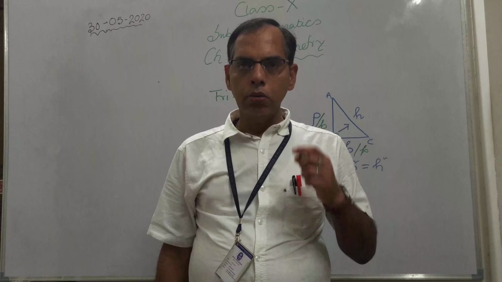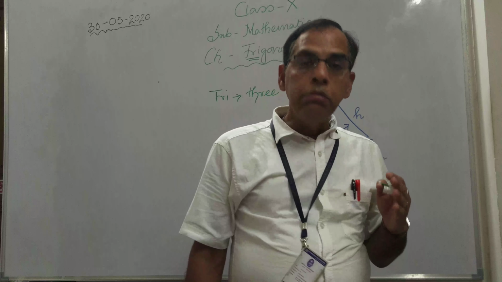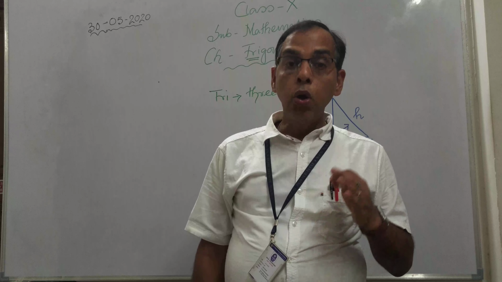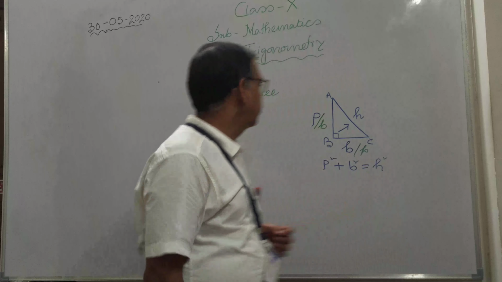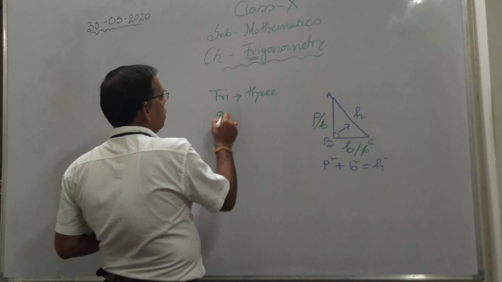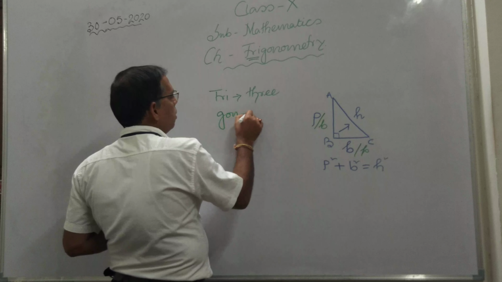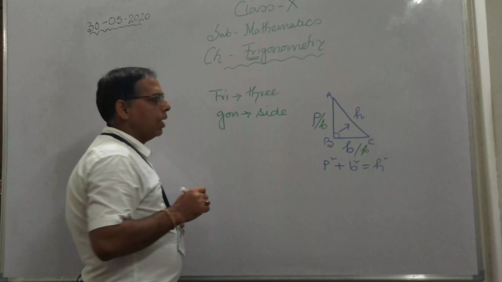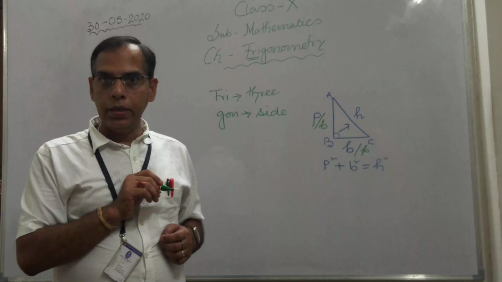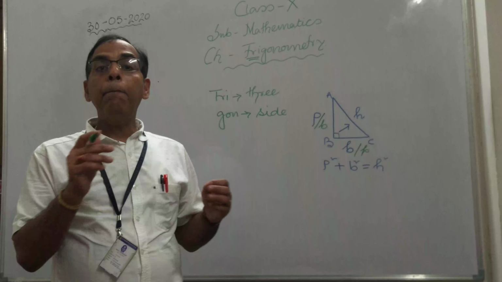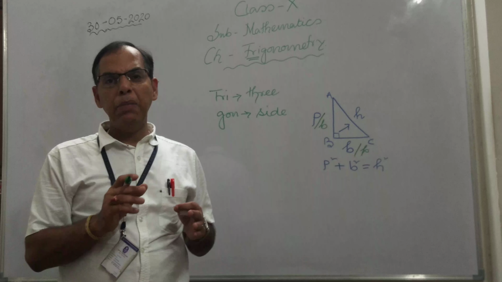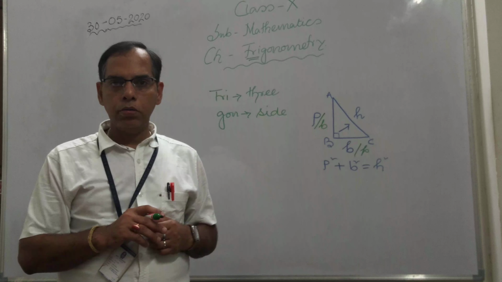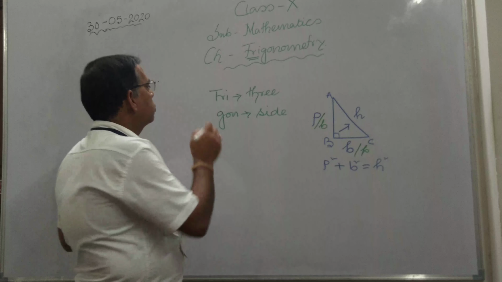Three. Then next is gon. Gon is spelled Z-O-N. Gon means side. So ultimately, three sides. And metron, M-E-T-R-O-N, metron. Metron means measurement.